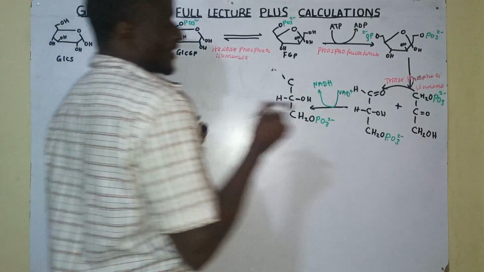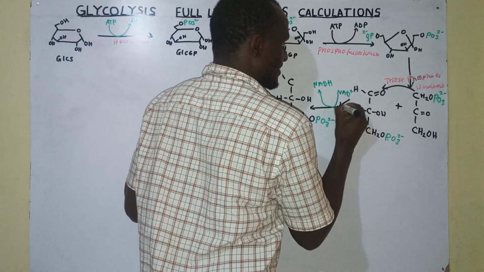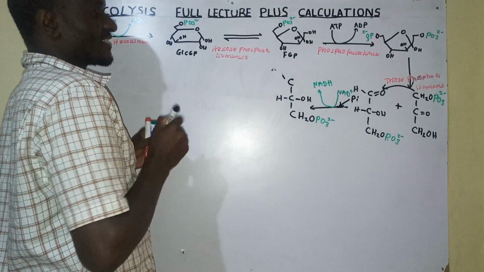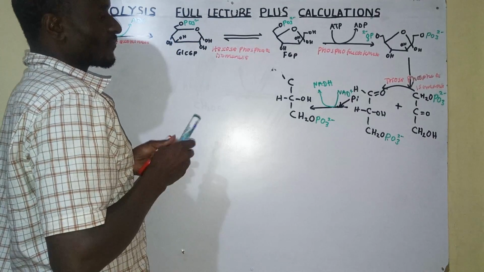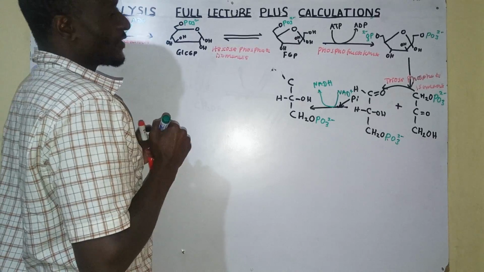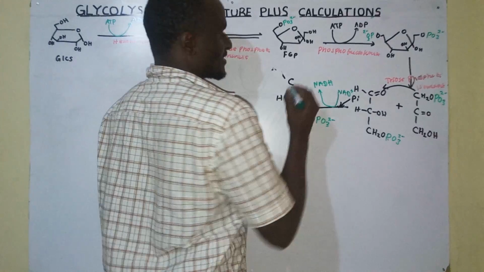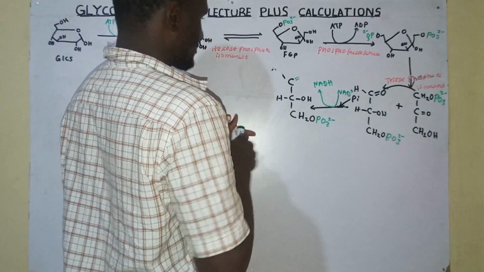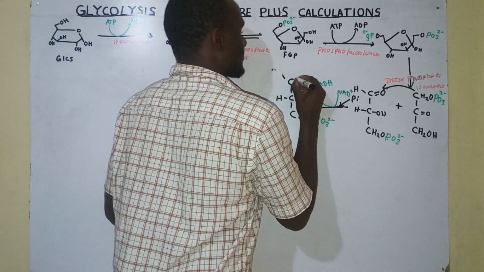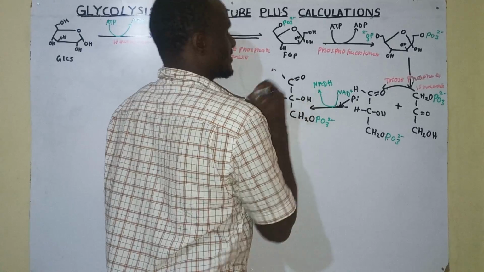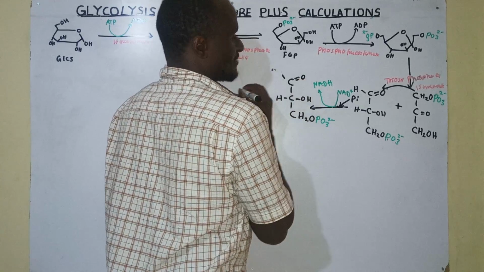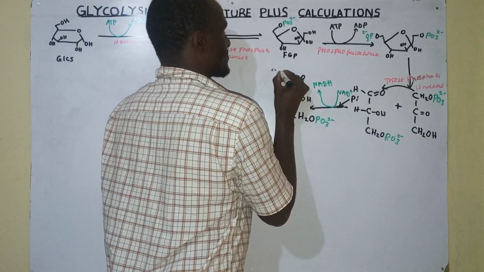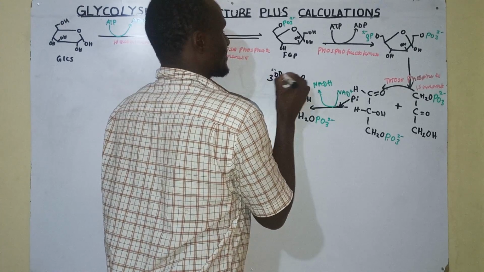At the same time, when an inorganic phosphate reacts with glyceraldehyde 3-phosphate, the resulting molecule will be 1,3-bisphosphoglycerate. So our resulting molecule will be like this. At carbon number 1, we have our oxygen atom and the replacement of our hydrogen atom by a phosphate group.